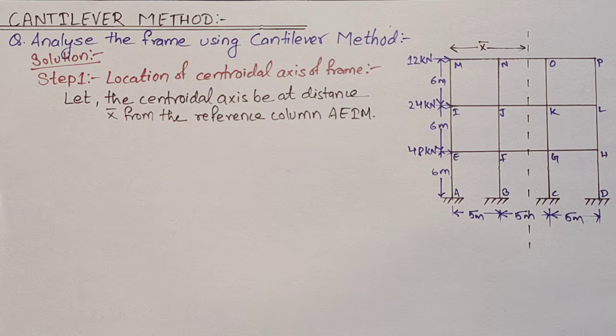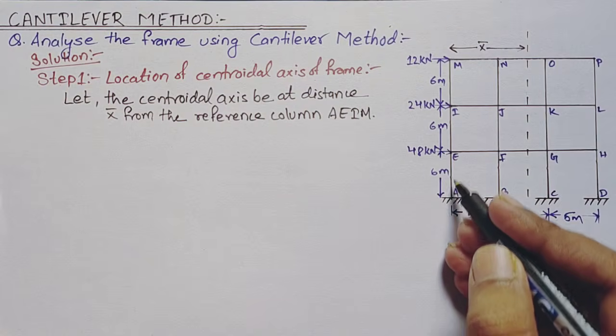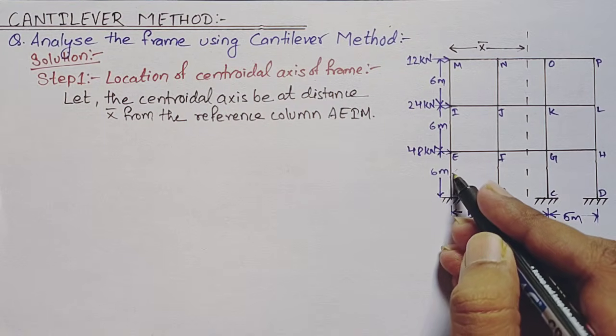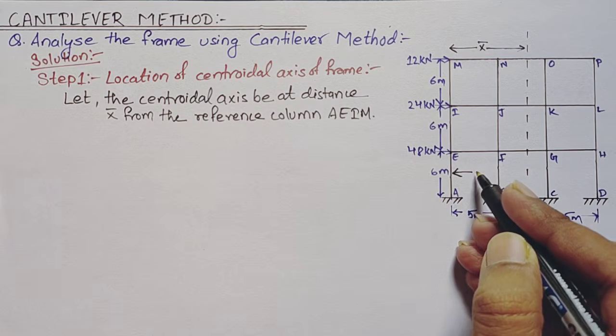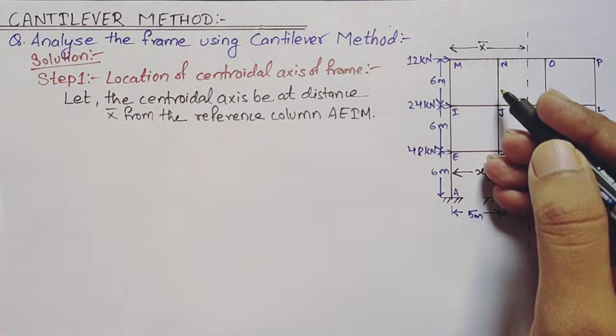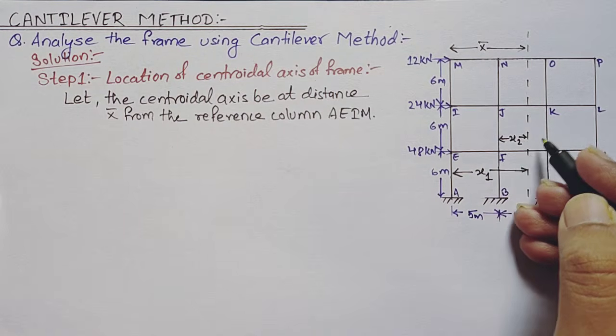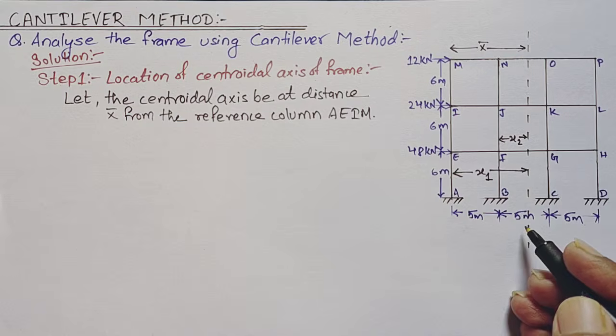Now, after this, what we need to do is make one more assumption, that this first column is at distance x1 from the centroidal axis of the frame. Similarly, the second column is at distance x2 from the centroidal axis of the frame.